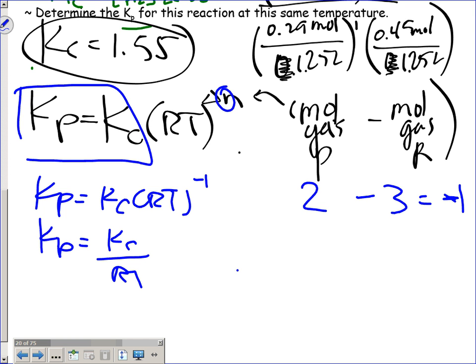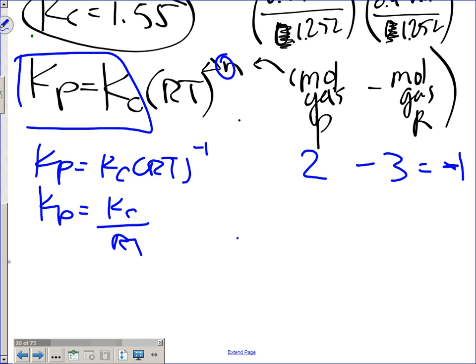So if you divide by a decimal, let's say 0.1, what does that do to my value of Kp? Makes it bigger. So sometimes, if there's less gaseous moles made of products versus reactants, the Kp will get bigger. So you can also do some calculation estimates by looking at the math of how many of those things relate.